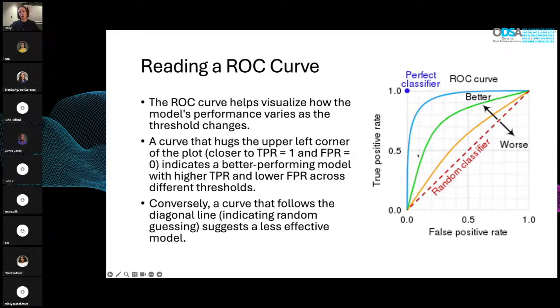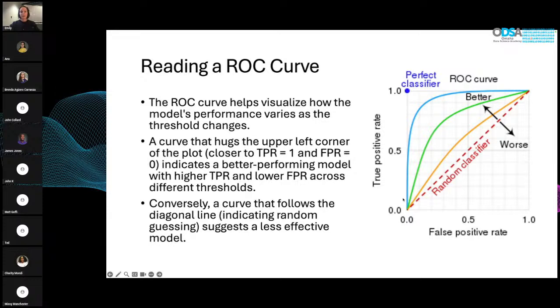This is like better. You can at least say that your model is better than a coin toss, better than random. You can look at this and say, here's the dotted line and here's my model. I'm not terrible.